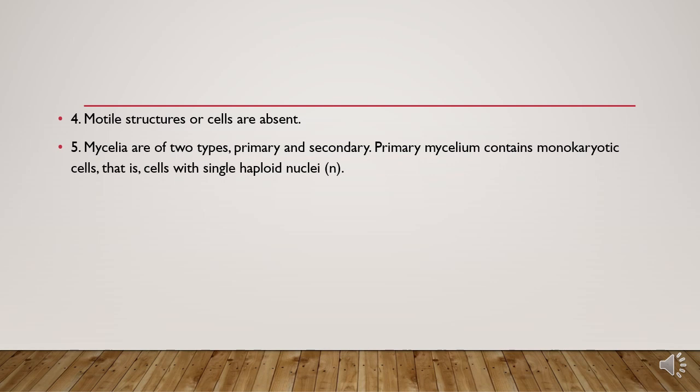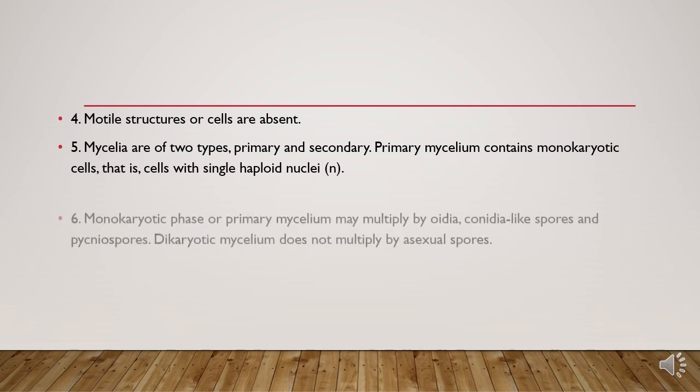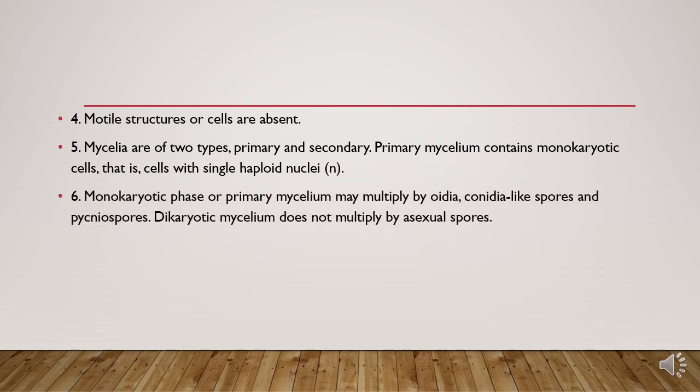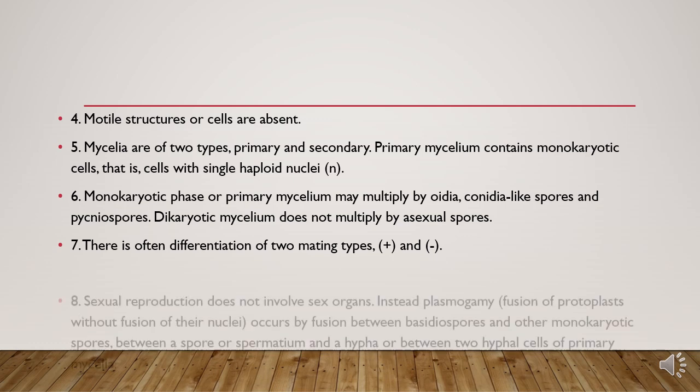The primary mycelium contains monokaryotic cells, that is, having a single haploid nucleus, and the monokaryotic phase of primary mycelium may multiply by oidia, conidia-like spores, and pycniospores. Dikaryotic mycelium do not multiply by asexual spores. There is often differentiation of the two mating types, which is the positive and the negative types.